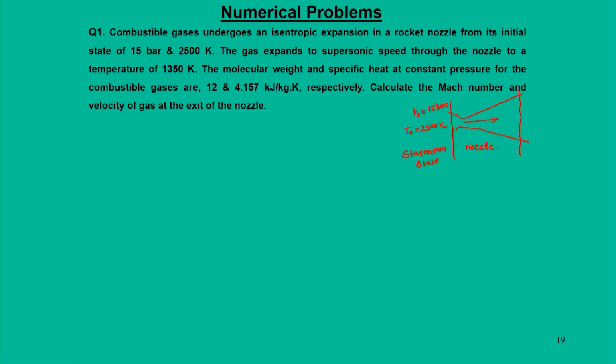Ultimately, at the end of expansion, the temperature becomes 1350 Kelvin, and it attains some Mach number; let us say in this case it attains P2, M2 and U2, that is velocity.